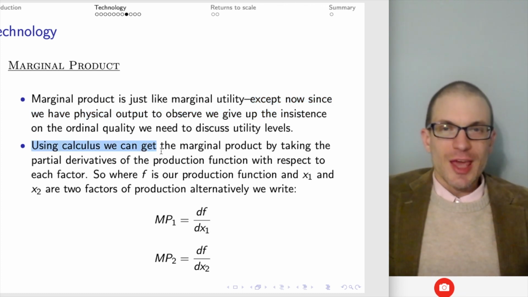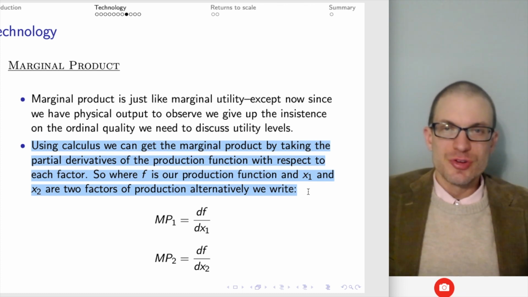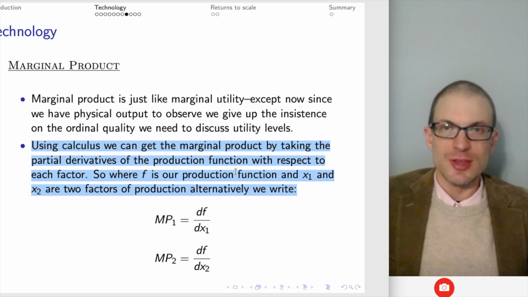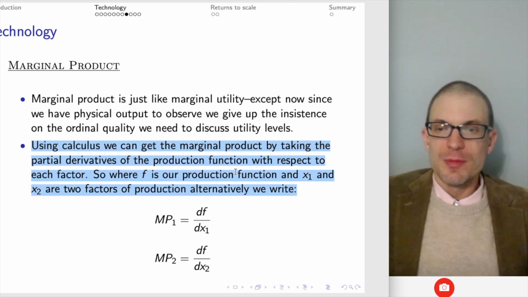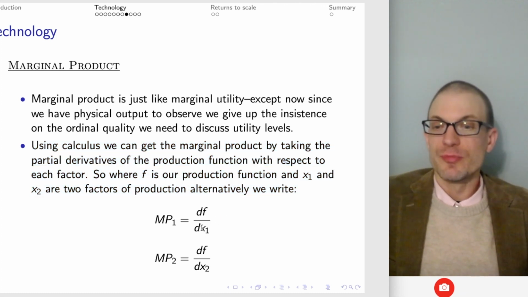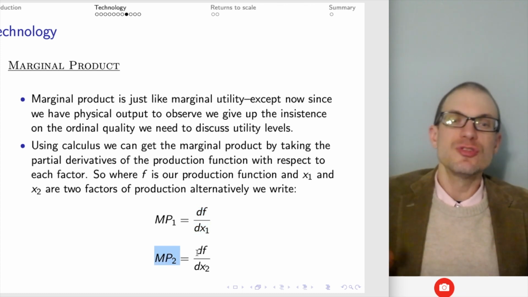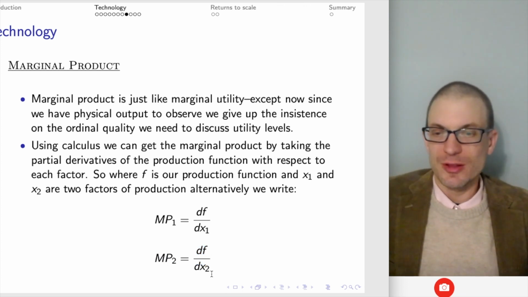In terms of actually calculating marginal products, our intuition from consumer theory holds. Marginal utility was the partial derivative with respect to each good. Marginal product is the derivative of the production technology with respect to each input. So the marginal product of factor 1 is the derivative of my production technology with respect to x1. My marginal product of factor 2 is the derivative with respect to factor 2.